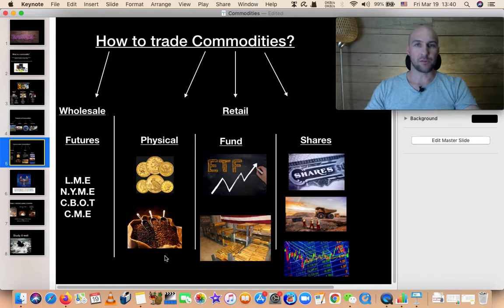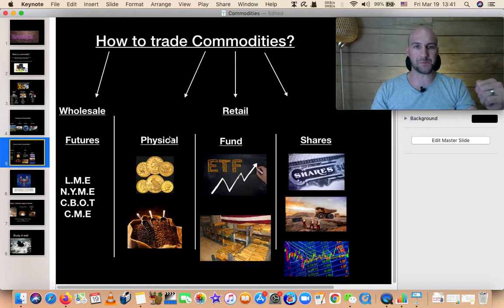You can buy barrels of oil, and normally the futures contract gets traded in contracts. So when you buy futures contracts, you would buy a basket of them. Like you'll have to buy 100 barrels of oil. So with the physical, sometimes you have to take delivery of a lot of them at the same time.